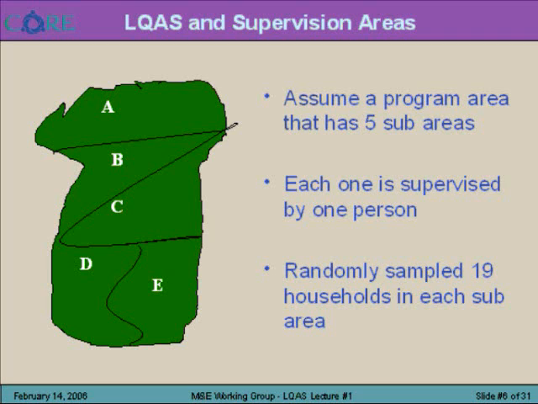Based on LQAS principles and taking into account some statistical parameters in order to obtain statistically significant results, the project team in each sub-area will randomly select 19 observations from randomly selected households in order to assess the performance of each sub-area and to measure coverage rate for the entire catchment area.